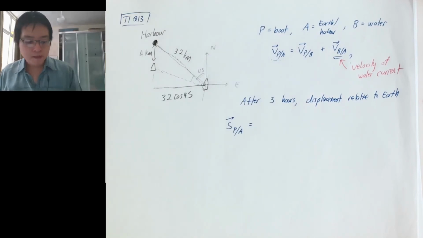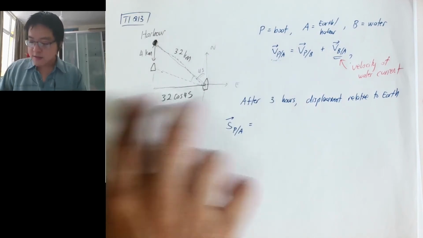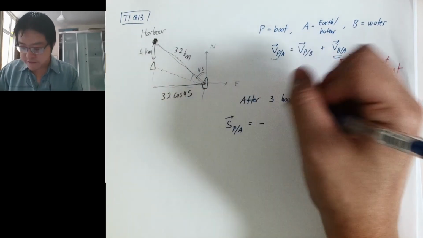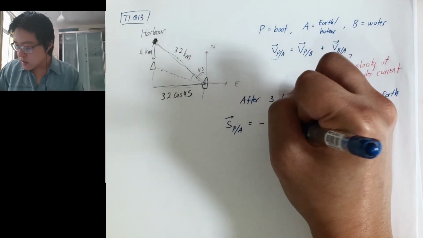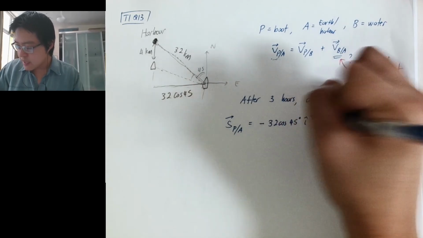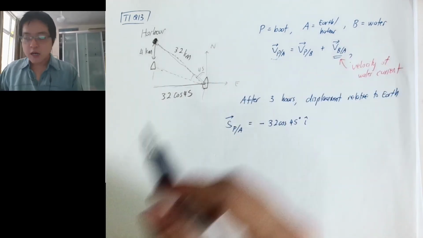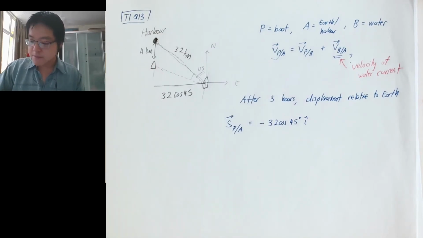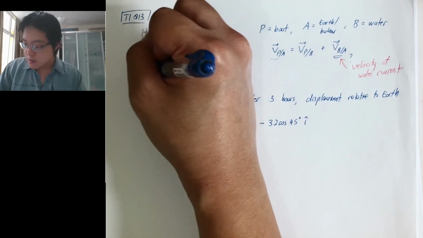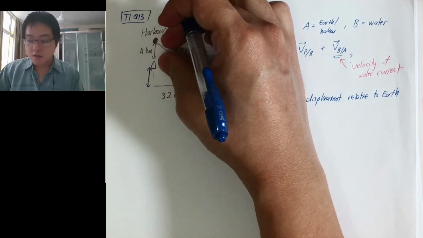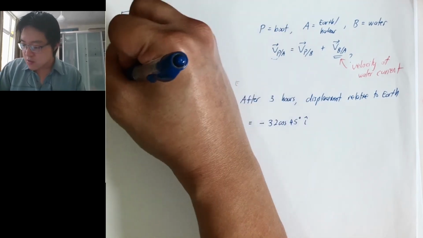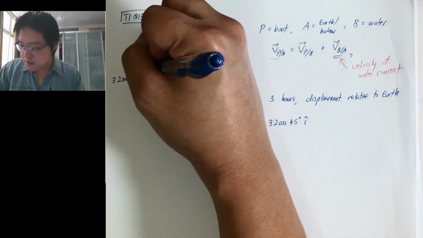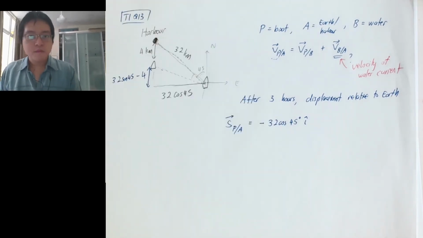So I got the horizontal displacement. I moved to the left, therefore I got negative 32 cos 45 in the I component. How about the vertical? I move up, but by how much? This is 4, so this should be 32 sine 45, which is the same as cos 45, minus 4. Agree?